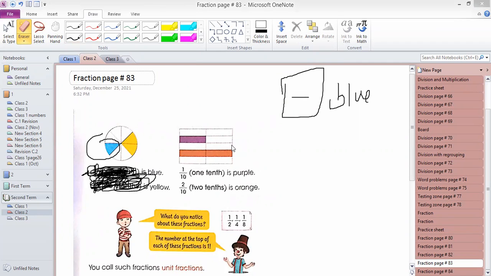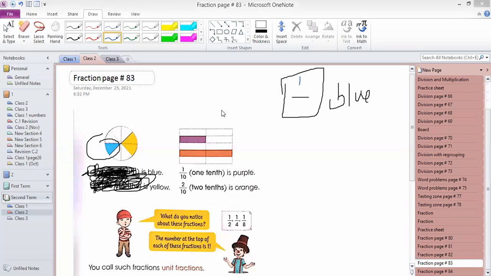Let's ask one more student. Suleiman Al-Ghali. What is the fraction for this blue one? Blue portion, 1. Yes, only 1, but I am asking the fraction.